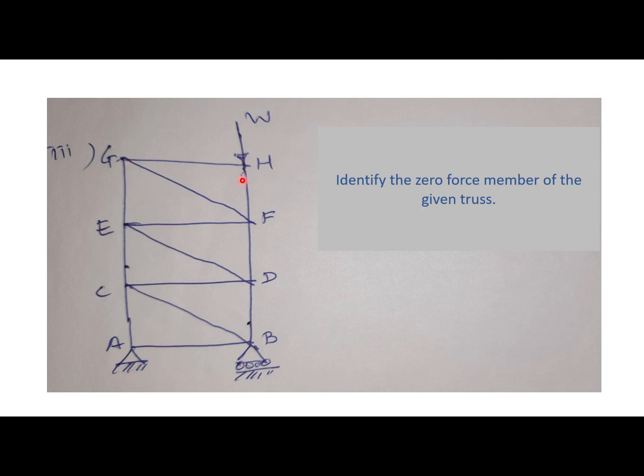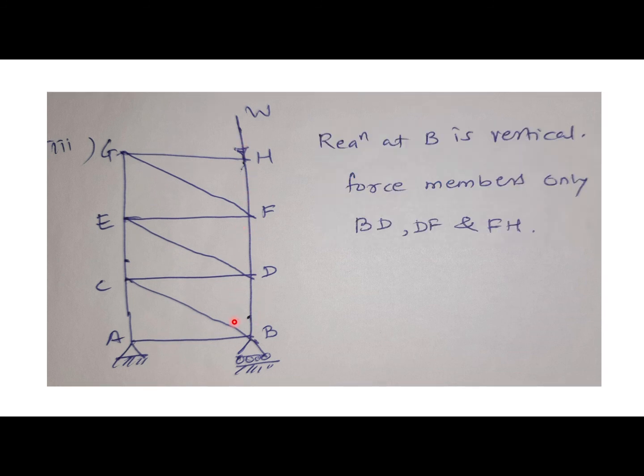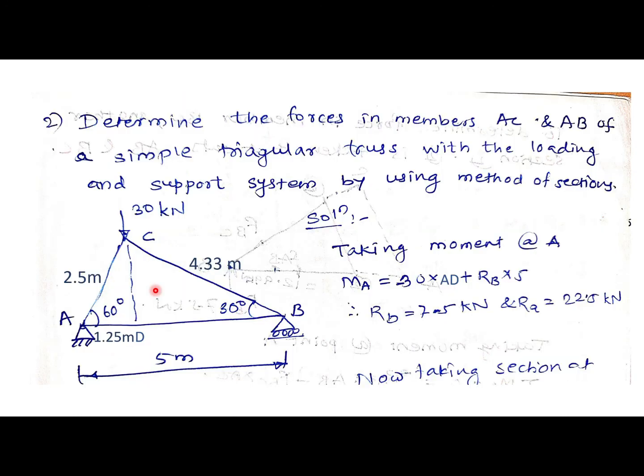So except for these three members BD, BF and FH, all the members are zero force members. The reaction at B is vertical. So force-carrying members are only these three members, right? The rest of the members are zero force members.